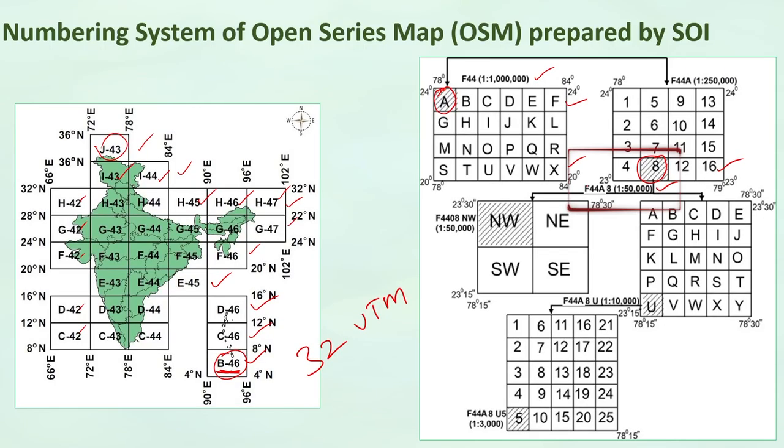That will be numbered like this: one alphabet, next digits, alphabet, next number. So, it is the example for a 1:50,000 scale map. You want to understand this numbering system, that is why I showed you.